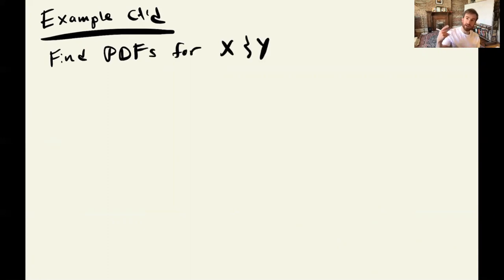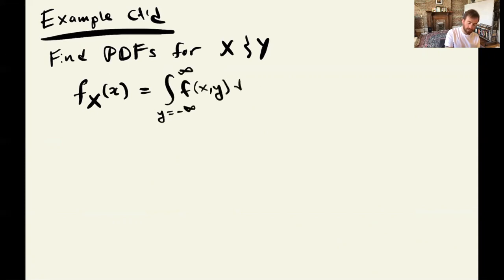Remember, I have to integrate out y in order to get the PDF for x. So what that means is that the PDF for x is going to be equal to the integral from y equals minus infinity to infinity of my JDF, integrating with respect to y.